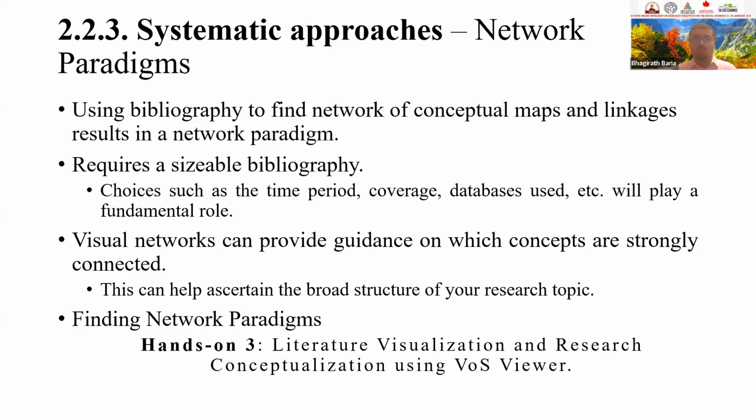So you will have some broad idea what kind of words and ideas should be there in my research topic. You still don't have a clear research topic, but you have some idea. These are the key terms I need to use in my research topic. Once you have those ideas, you can use Scopus or Web of Science databases, put in those keywords, and see the studies that it returns.